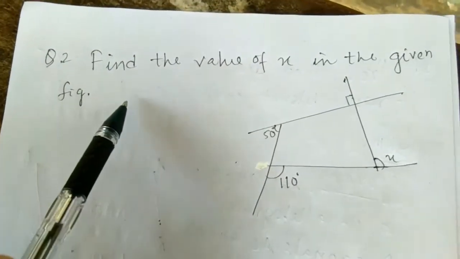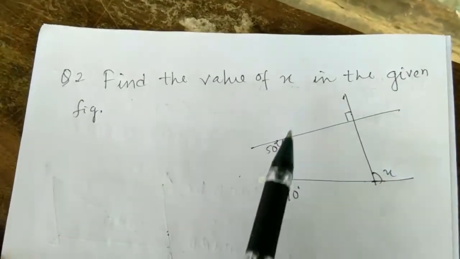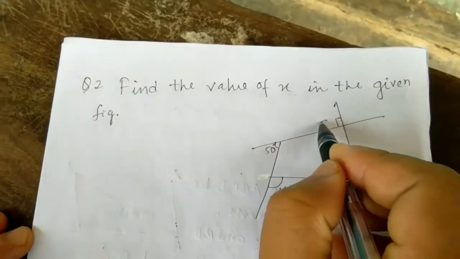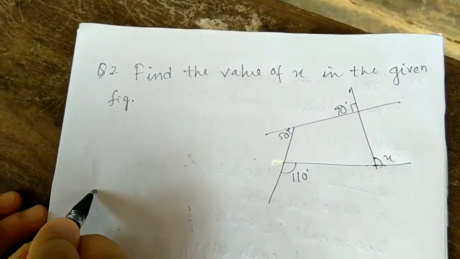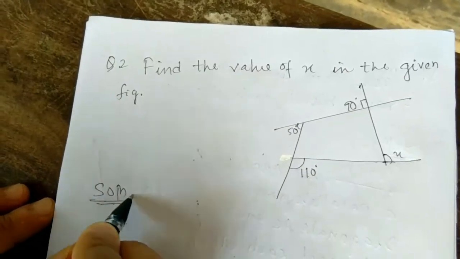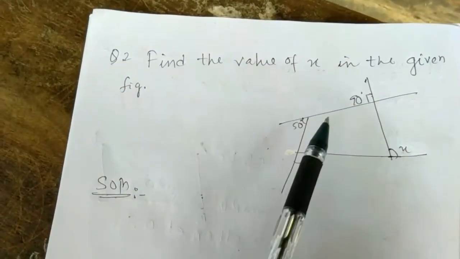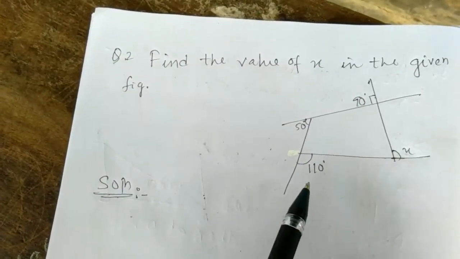Question number 2. Find the value of x in the given figure. So how to find the value of x? Solution. We know that the sum of the exterior angles of a polygon is always equal to 360 degree.